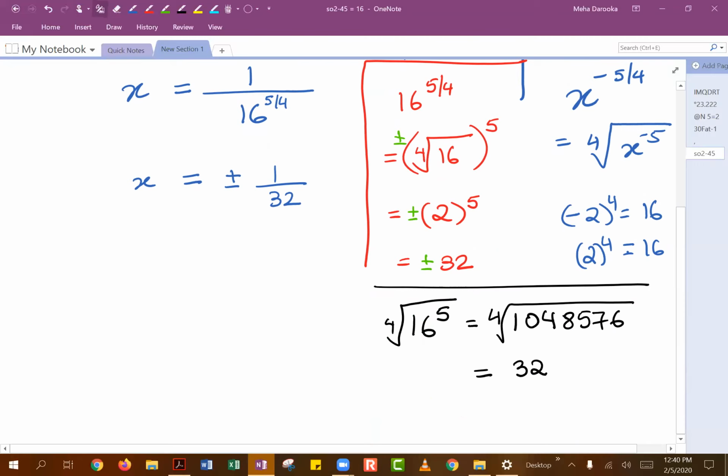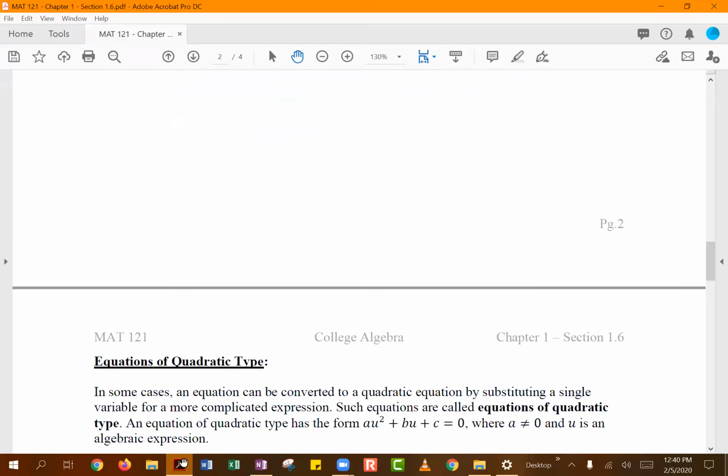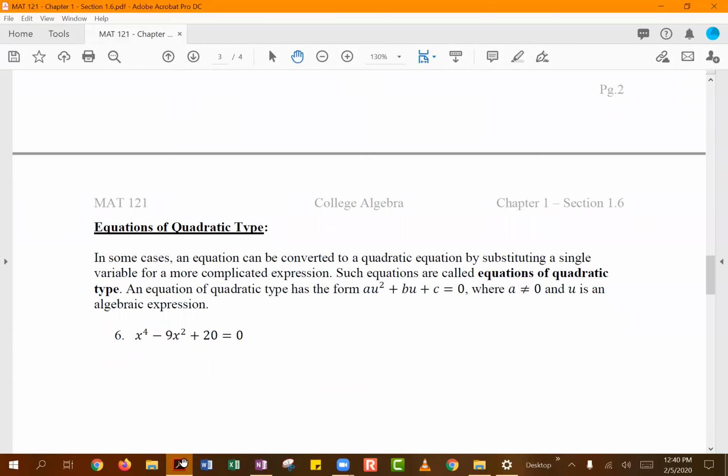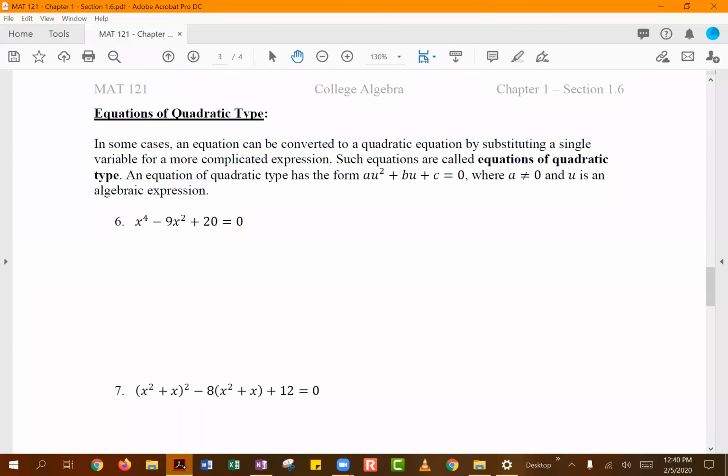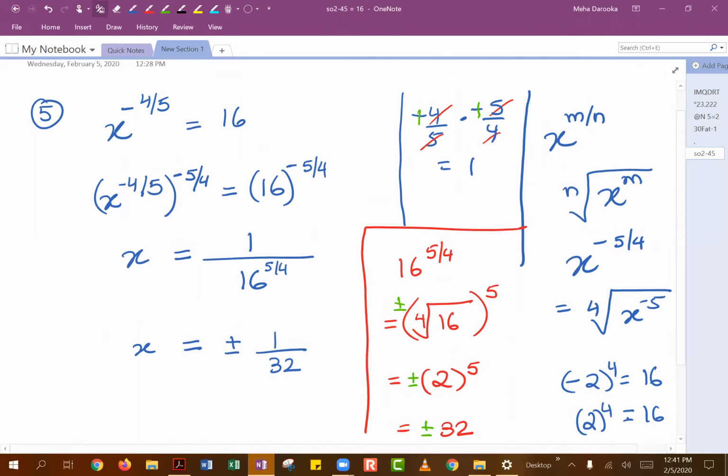Very good. Anything else popping up about this example? Is there any rule that we use when we're using equations that would not put 1 over? If you didn't have that negative sign on the 5/4, let me go back. If you didn't have this negative sign here, you would have stayed on the numerator. You wouldn't have had 1 over. You see how the original had a negative, right?